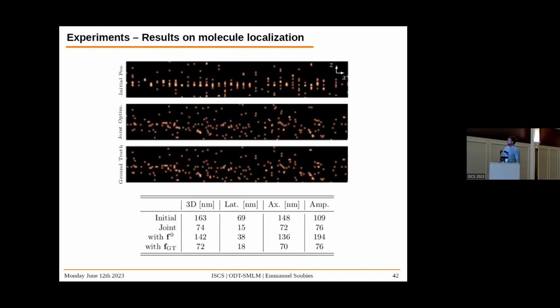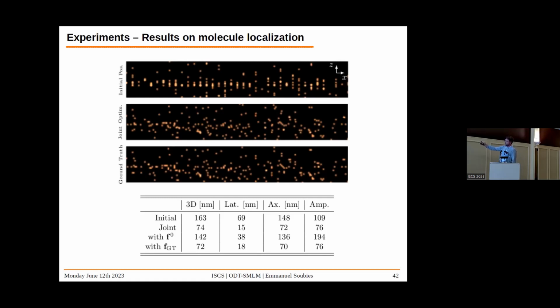So this is the corresponding estimation of the molecule position and amplitude. At the top is the initial guess, a projection on the YZ axis. We can see that our initial estimation is on the grid, but the refinement is off the grid. Again, we have the comparison between the ground truth and the joint optimization, and we can see the improvement with respect to the initial position and amplitude.